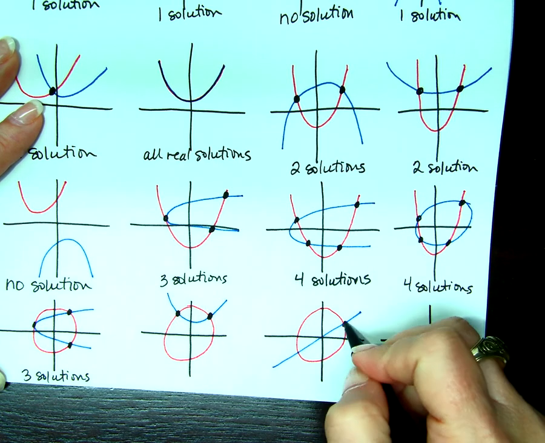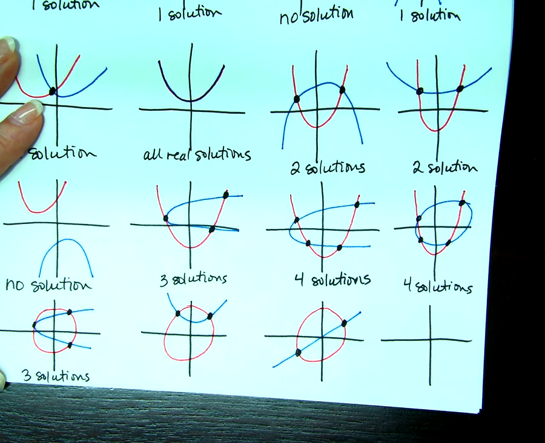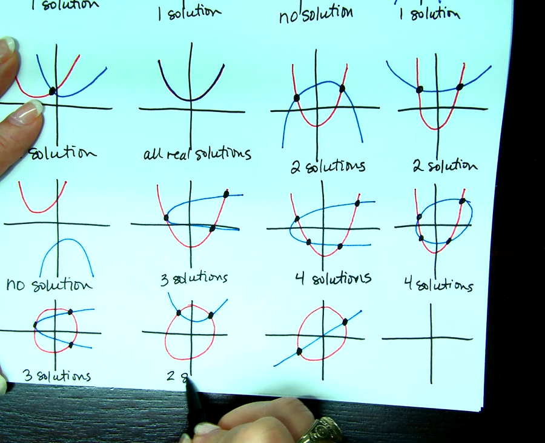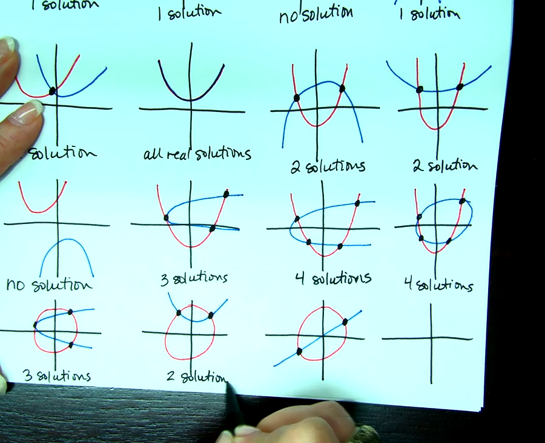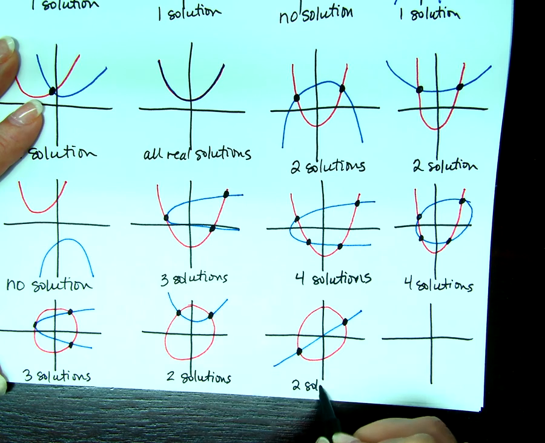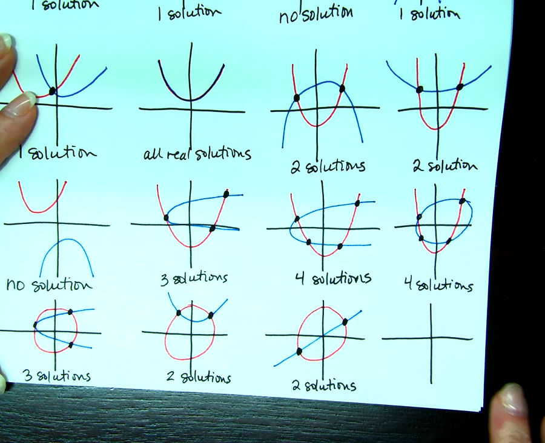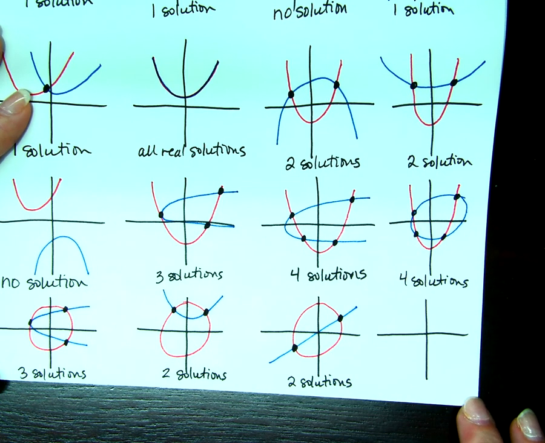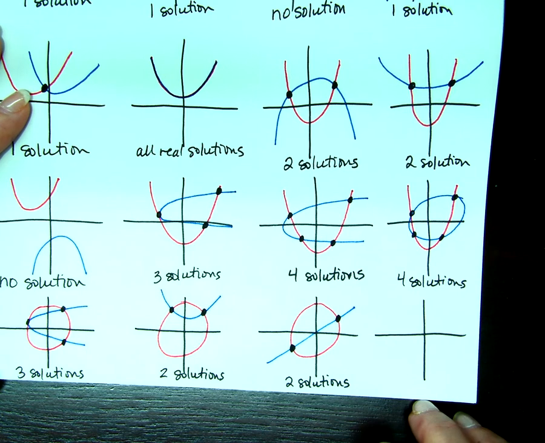Yeah, if it's a line, right? Circle and a line, wouldn't that be 2 solutions? If I have a circle and a line, can I have 3 solutions? Circle and a line, 3 solutions? No. No.